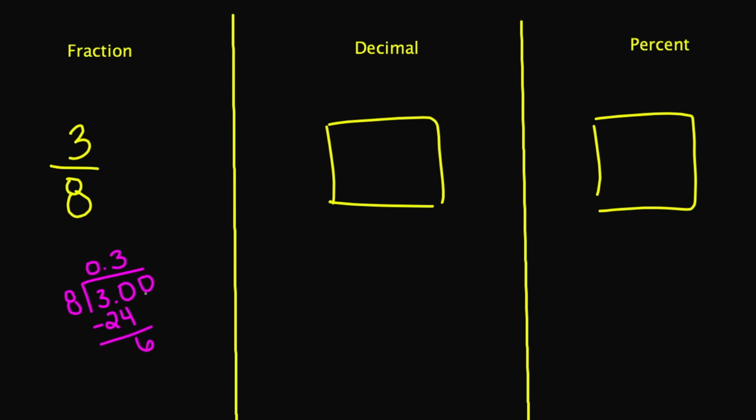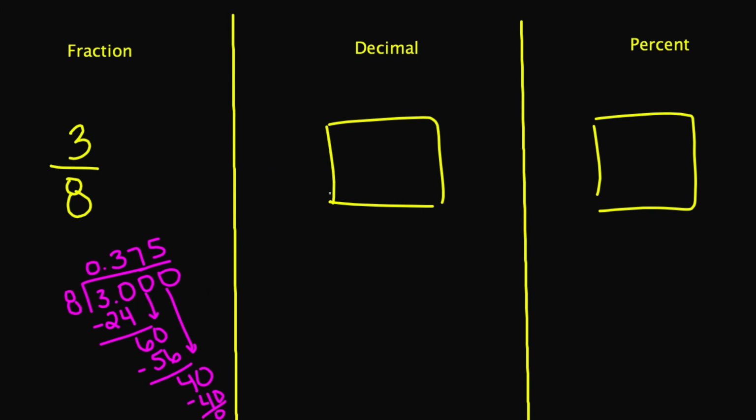I'm going to bring down my 0. 8 goes into 60 7 times. 8 times 7 is 56. 60 minus 56 is going to equal 4. I'm going to bring down my 0 again. 8 goes into 40 5 times. 8 times 5 is 40. 40 minus 40 is going to equal 0.